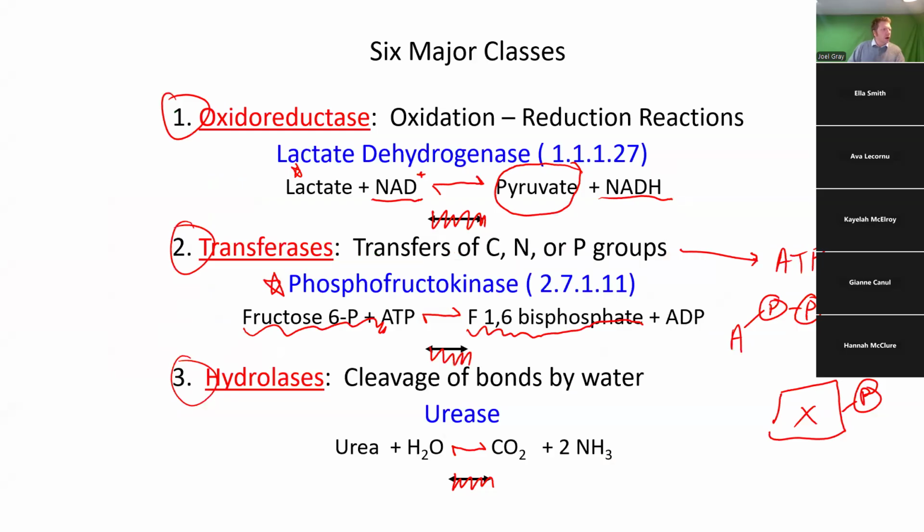What is the name of our oxidoreductase? Lactate dehydrogenase. When you see the name dehydrogenase, I want you to think, aha, that's an oxidoreductase. What else are we looking for? Well, it's also got NAD plus and NADH. Could you give me a 1 in the chat if you follow that so far?